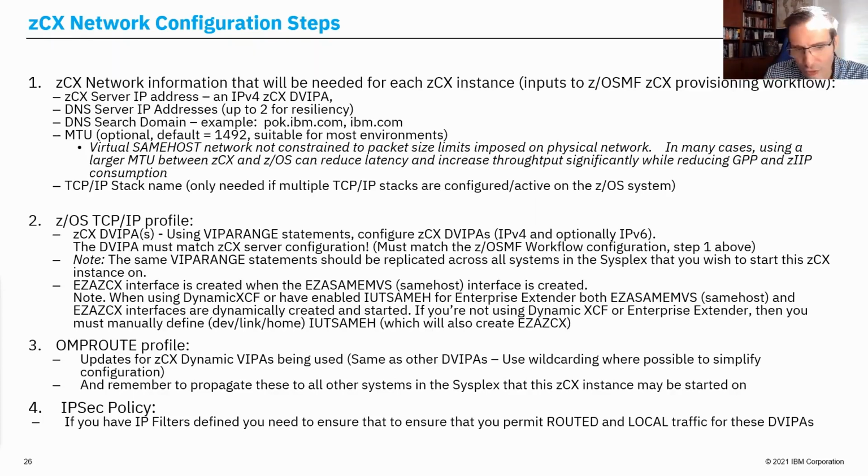Okay. There's also OMP route profile updates that are possible. And if you have IP filters defined, you need to make sure that you permit routed and local traffic for those dVIPAs to enter into the zCX appliance.